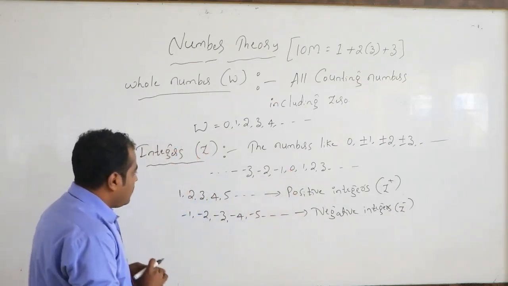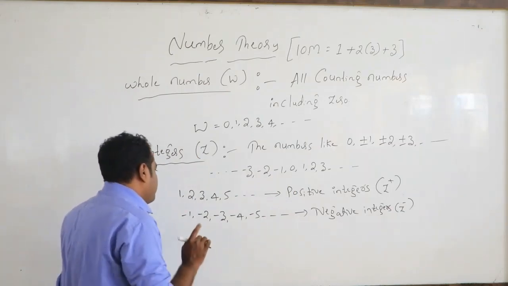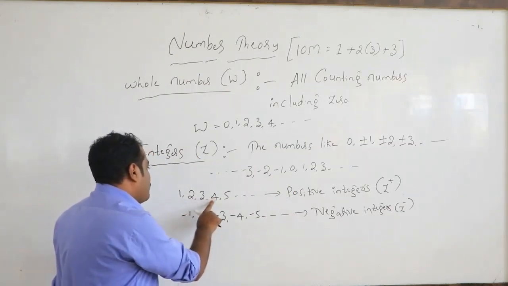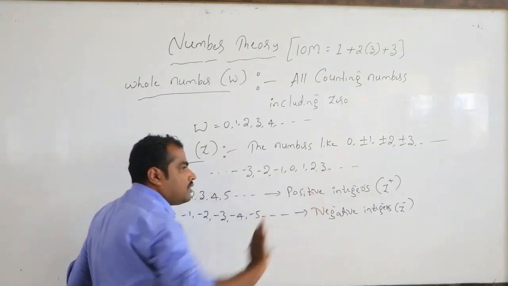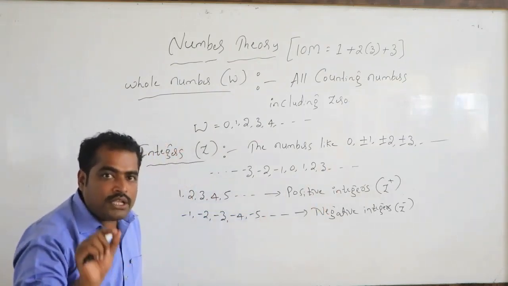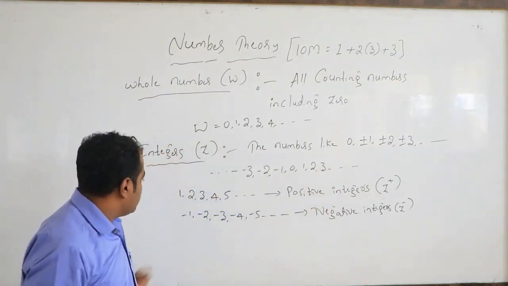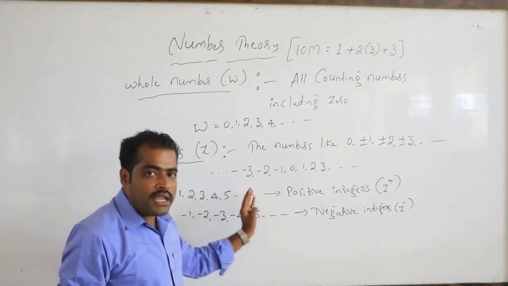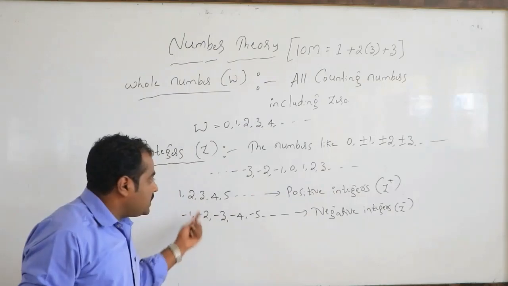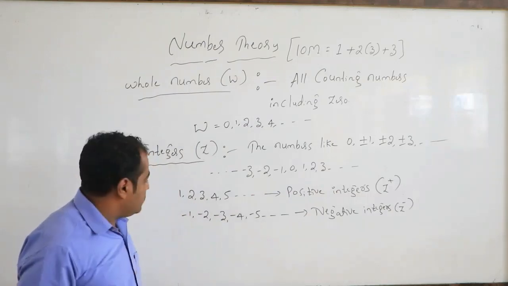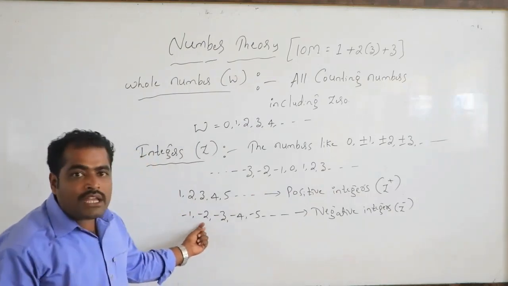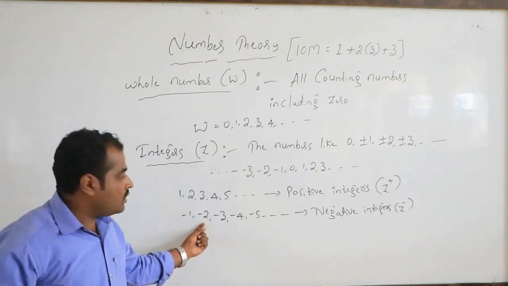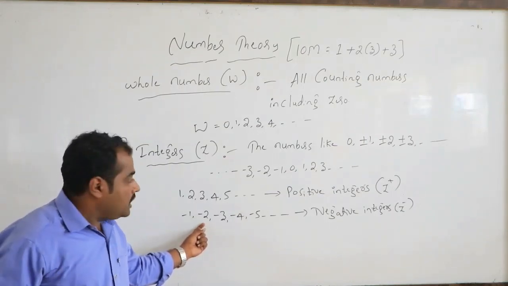If you observe here, the numbers 2, 4, 6, and so on are called positive even integers. The numbers 1, 3, 5, 7, 9, and so on are positive odd integers. Minus 2, minus 4, minus 6, and so on are called negative even integers.